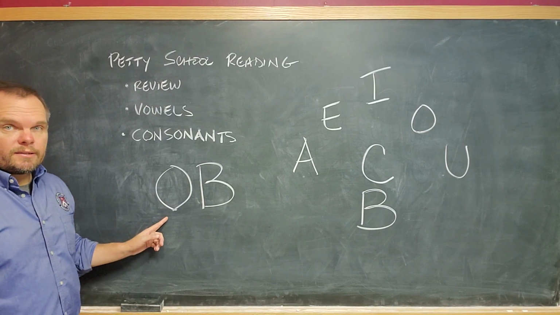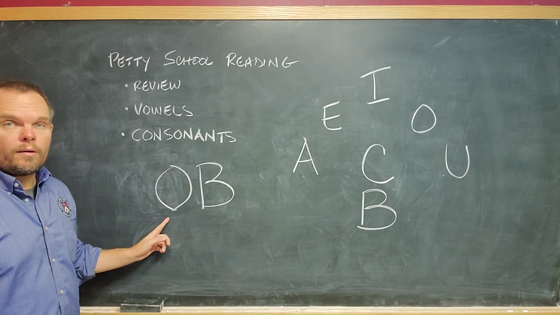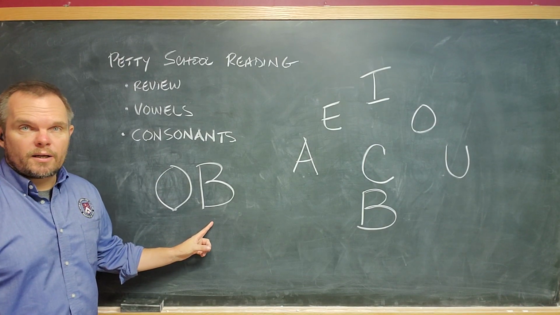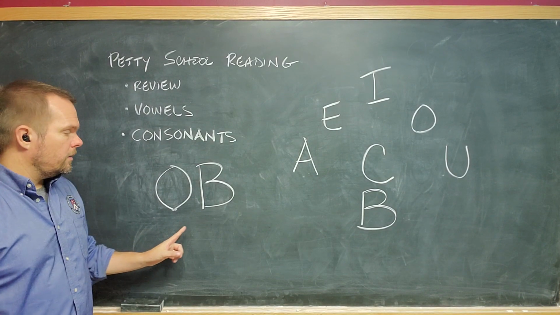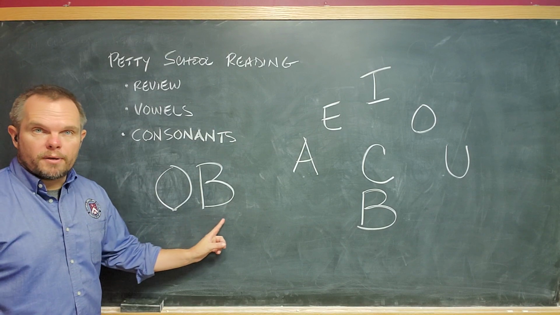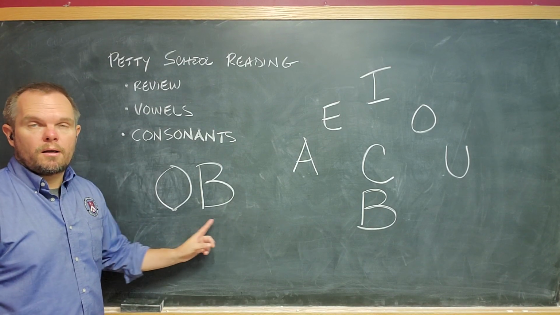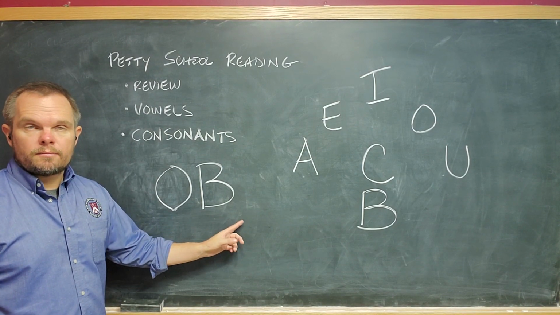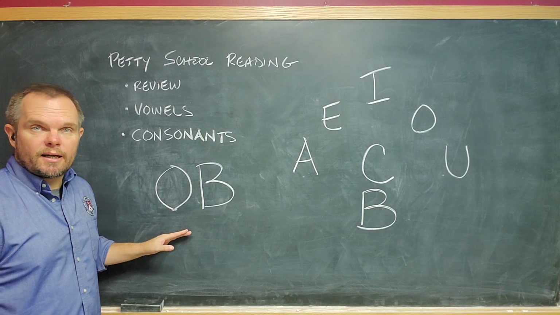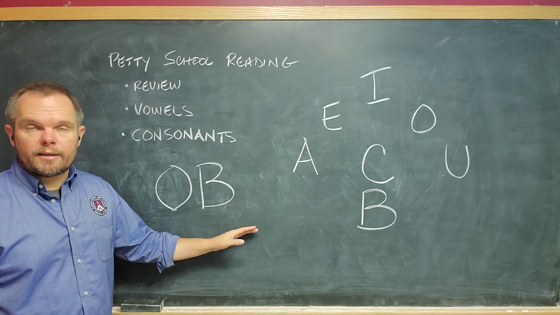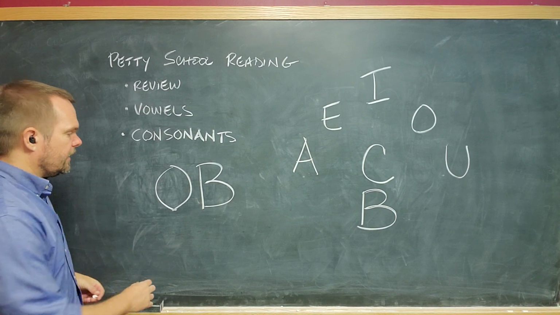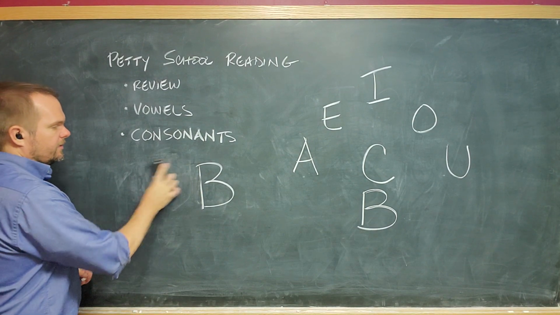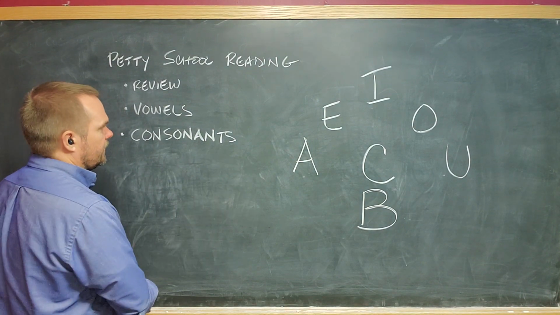You should start with the sound O and then end with the sound B. Ob. If you read this with the sound ob, you got it right. If not, you need to practice. It's very simple. Just put the sounds together.